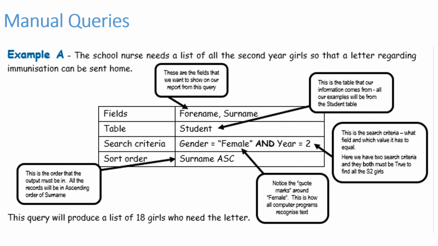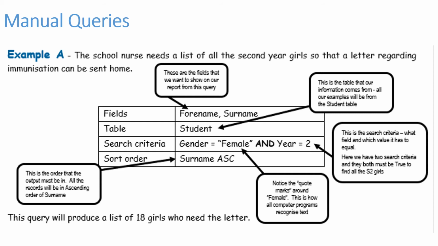So the most important things to remember here is you have to separate your fields with a comma and space. The table is always going to be student, so for all of these tasks, the table is always going to be student because we're only working with that big 76 record table. The search criteria, if you're searching for a field that has been stored as a text data type, that's where you're going to put your quotation marks around the information that you're wanting to pull out.